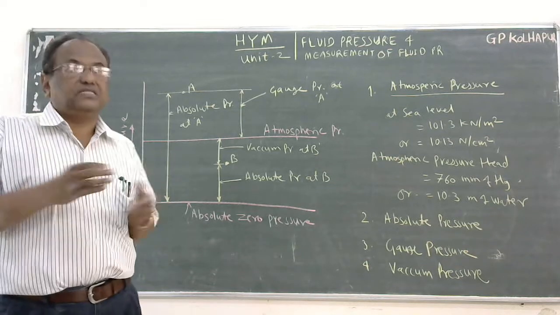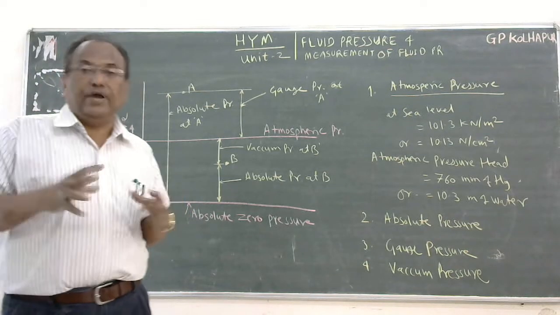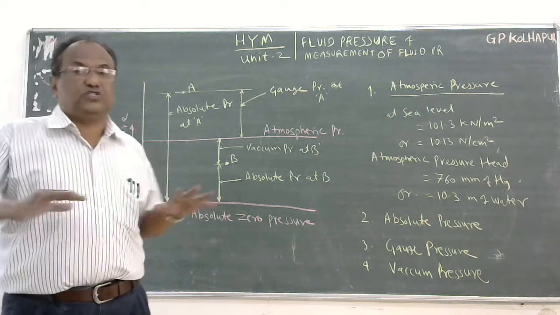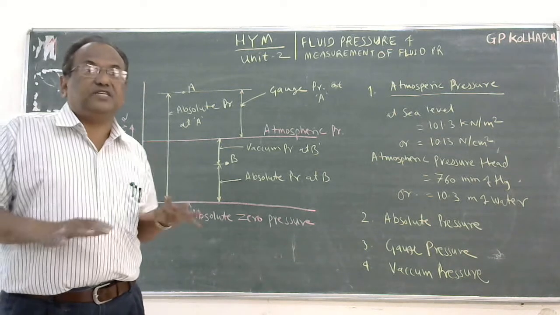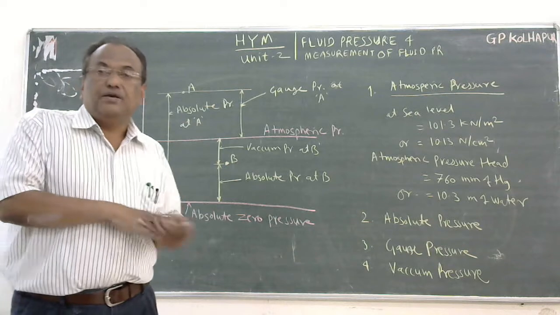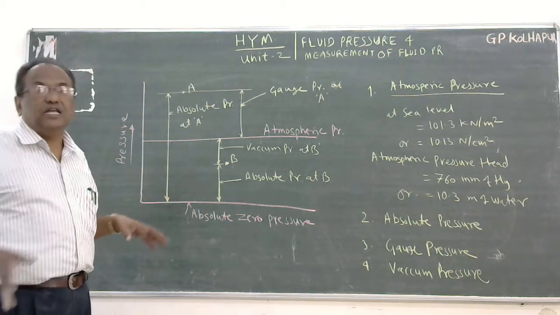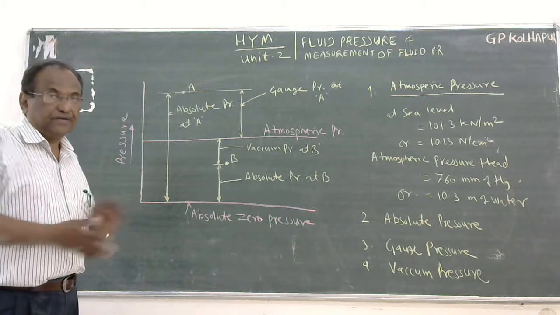It may be less, but it has some weight. Due to this weight, it exerts some force on all the surfaces, and due to this force, pressure is created on every surface with which it comes into contact.